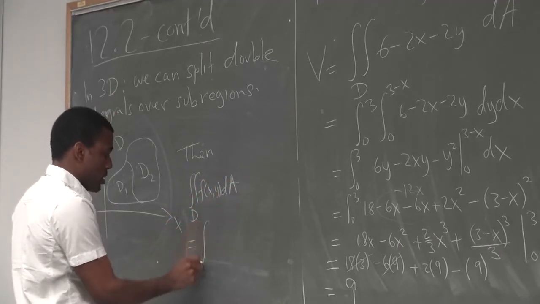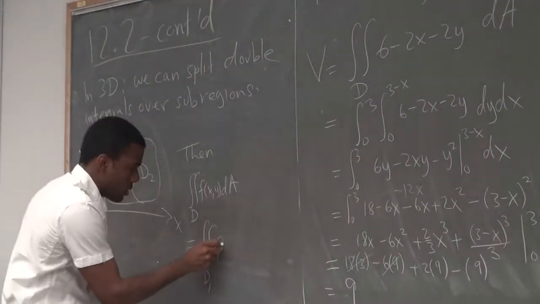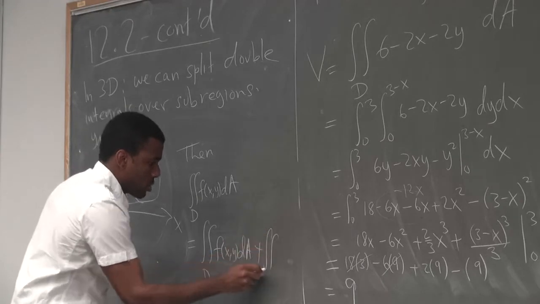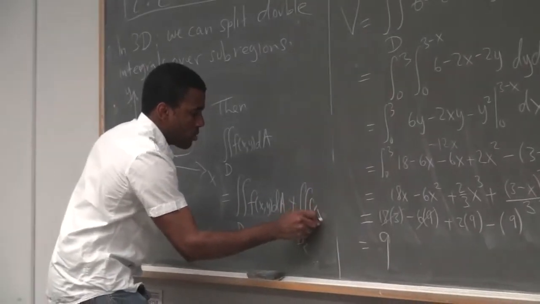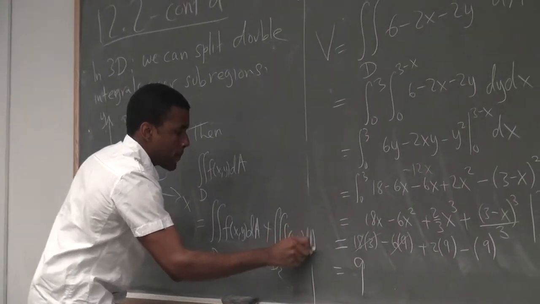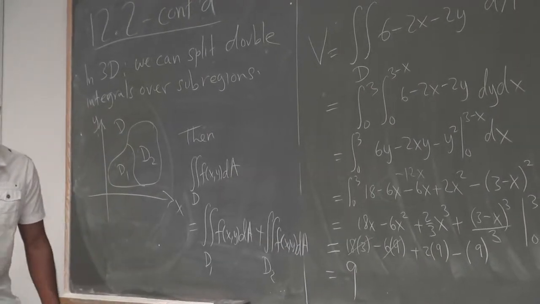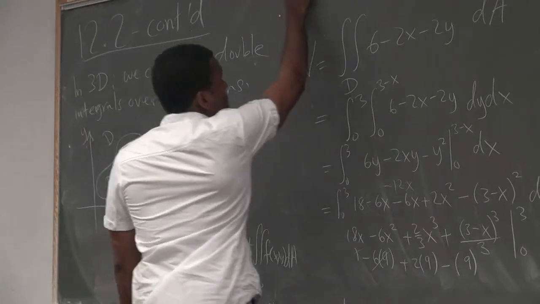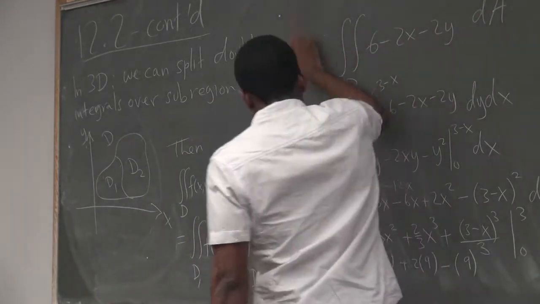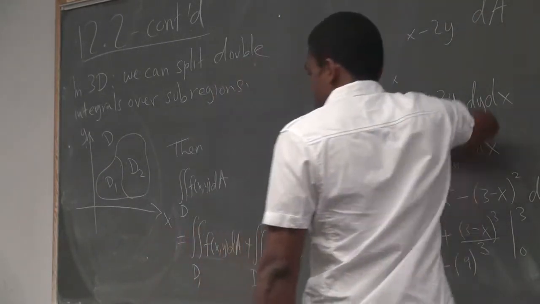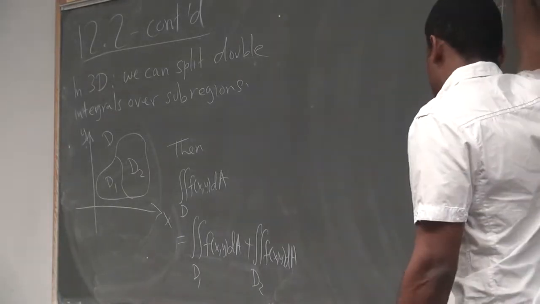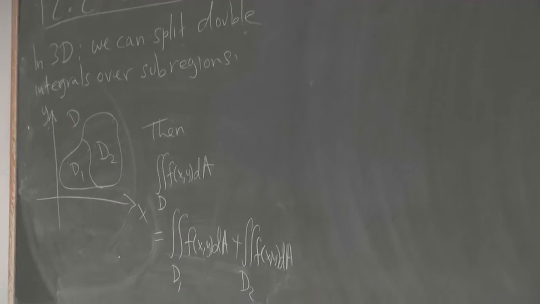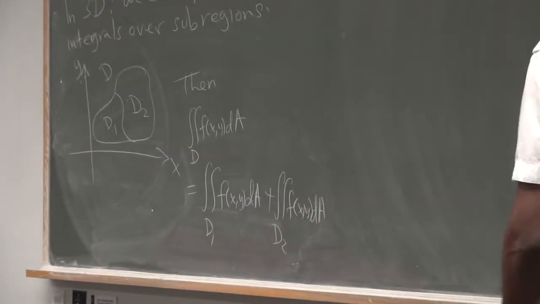It's exactly the same as taking the double integral over D1 of f of x, y, plus the double integral over D2 of f of x, y. Right, so we can actually split over regions just the same way as we can split over intervals. And you can prove that using the Riemann sum definition, but we won't do this. Just know that you're doing that and do that.